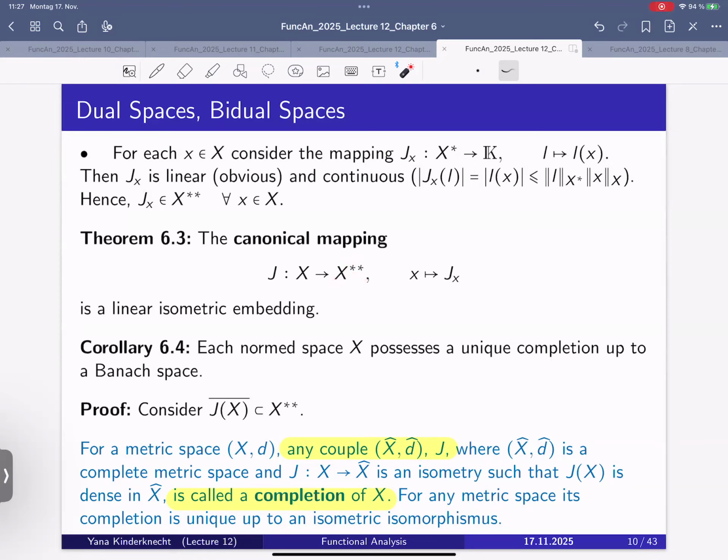So if we consider J of X and its closure, then we obtain a closed subspace of a Banach space. That is, this is a Banach space itself, and of course, J of X is a dense subset of its closure. So this is a construction. This is the guy which provides a completion of a normed space.